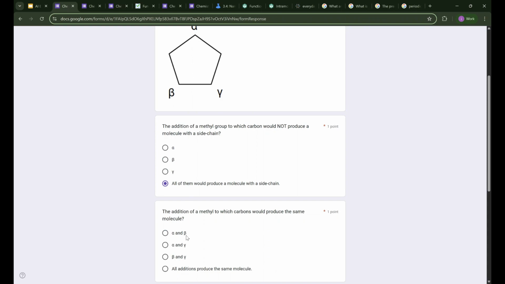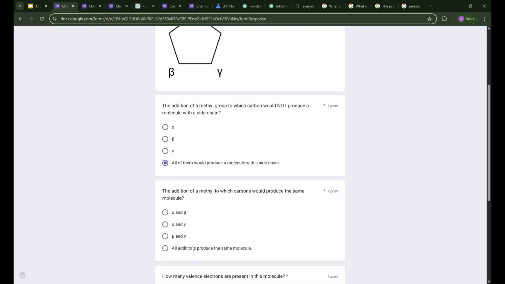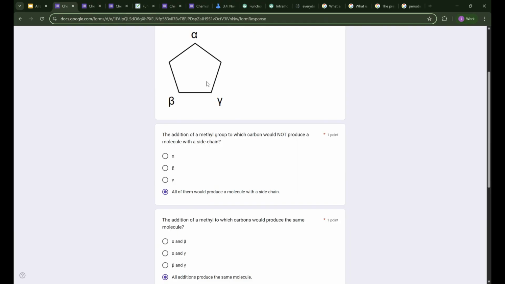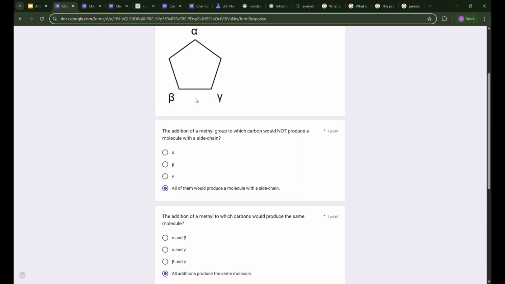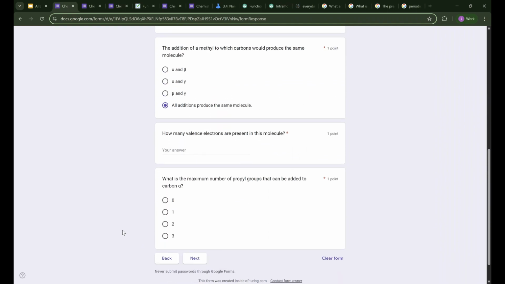I think that's the second scenario. In that case, I think it would just be all of them. Actually, no, these two are next to each other. Yeah, I'm not sure about this one. Let's move on and maybe we'll come back to it.